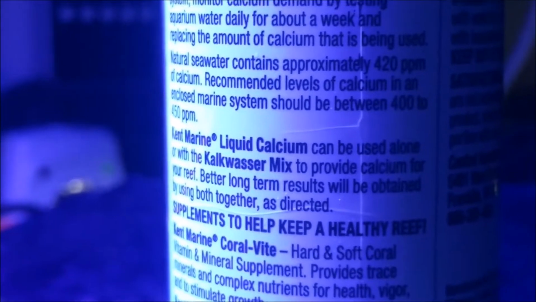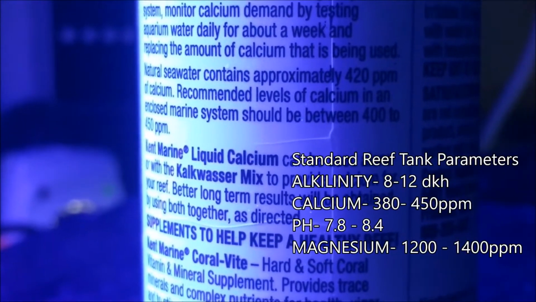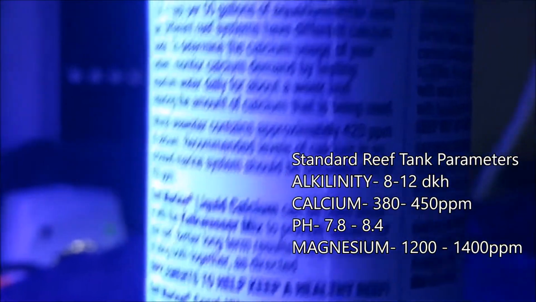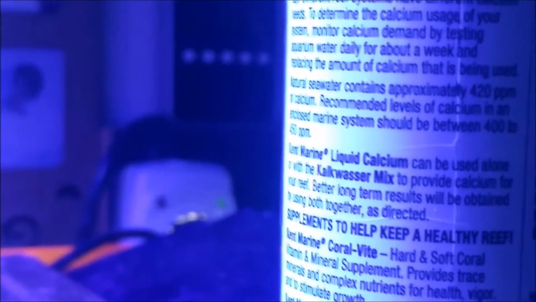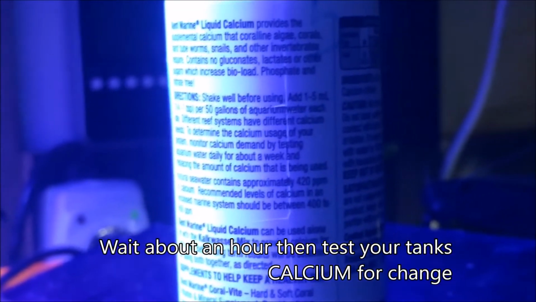So in this instance, I almost always recommend for myself and others to dose half the amount that you would regularly be instructed to dose. So if you're going to dose 5 milliliters, I would say dose 2.5 milliliters, and then measure the volume of calcium in the water. Sorry for the shaky hands there.